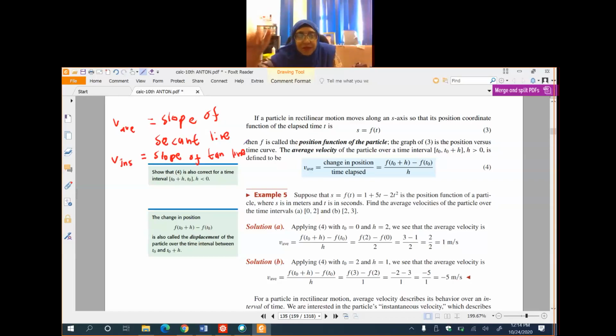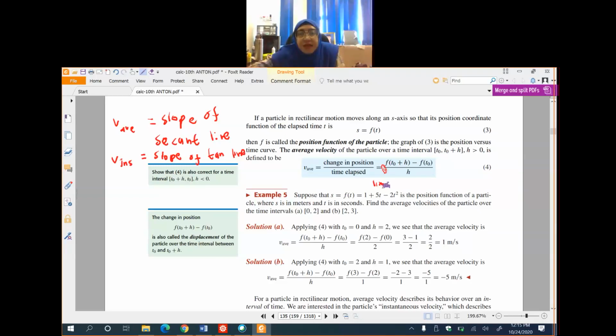Okay, so for the V average, it is f of t naught plus h minus f of t naught divided by h. So this is the second formula, but without the limit expressions. Before, you had limit h tends to 0 over here.